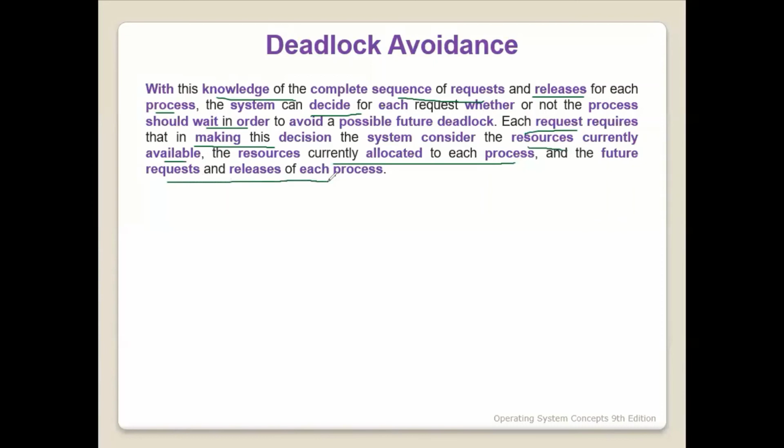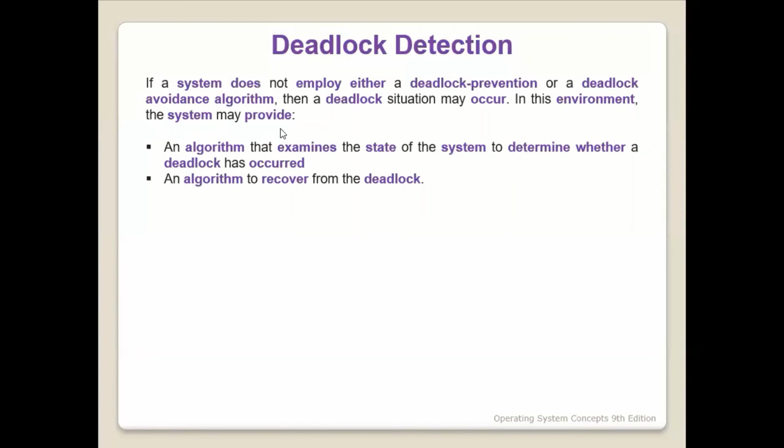So the system needs to have these details. What are the resources the processes are currently holding? What are the resources the processes are going to request in the future? Plus, what are the resources currently available at present? So if these details are known in advance, of course, we can have deadlock avoidance.